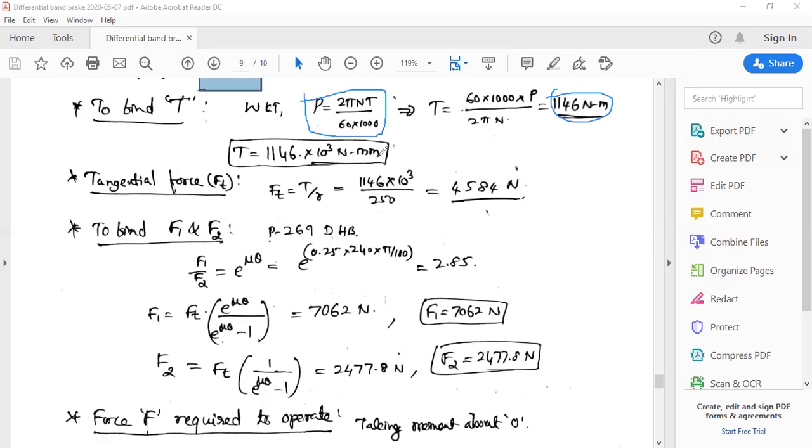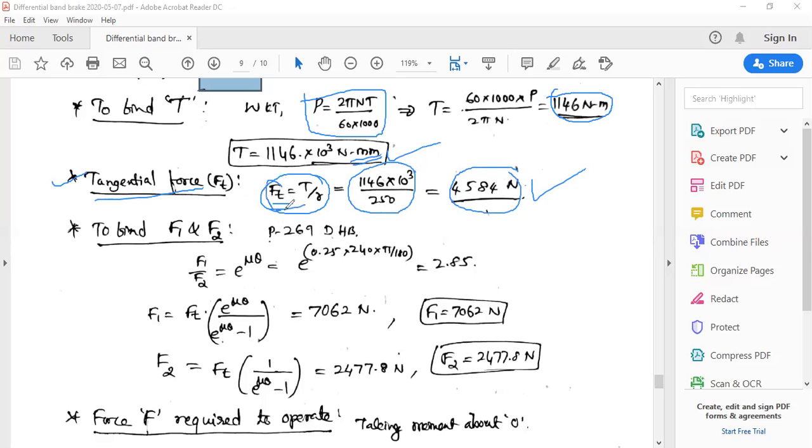Then T is equal to 1146 into 10 raised to 3 Newton mm, converted into millimeters. Then the tangential force Ft is calculated. Ft is given by torque divided by radius of the drum, which gives 4584 newtons. That is the tangential force Ft.